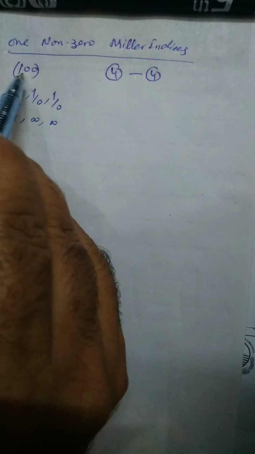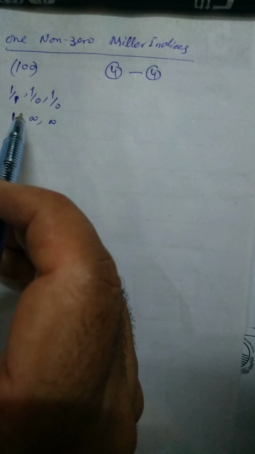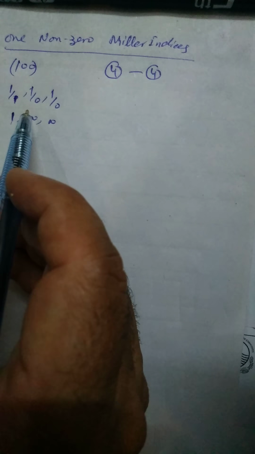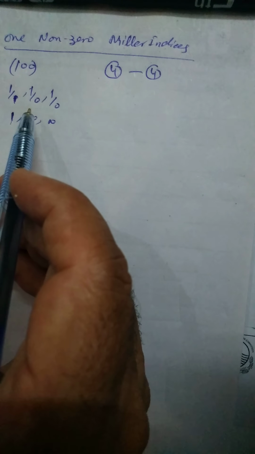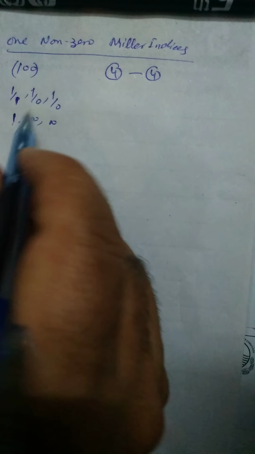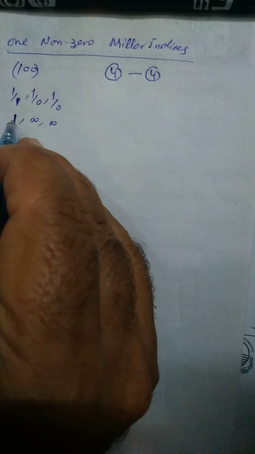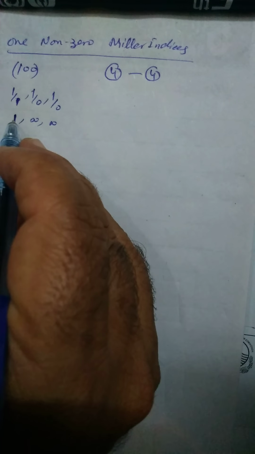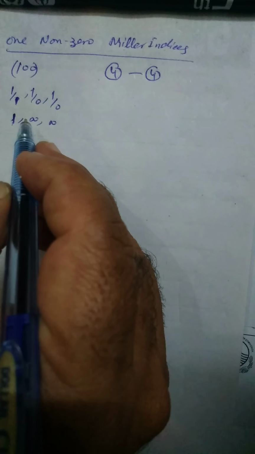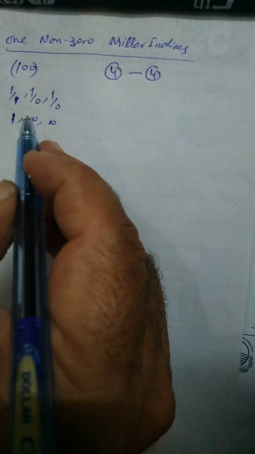These are actually h, k, l indices, with h representing the intercept along the x-axis, k representing the intercept along the y-axis, and l representing the intercept along the z-axis. Now it means this plane is cut at 1 on the x-axis, while for the y and z axes its intercept lies at infinity.